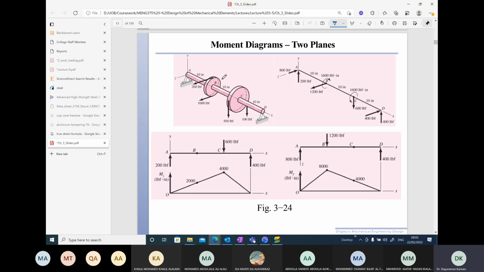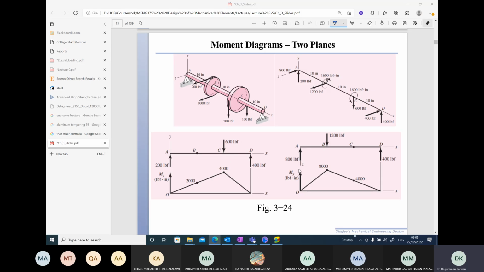Then in the second problem, I will solve with the force on C, neglecting the force at B, and I will get another solution. If I add the solutions together, I will get the solution for the 3D problem. So that is the idea we have here.